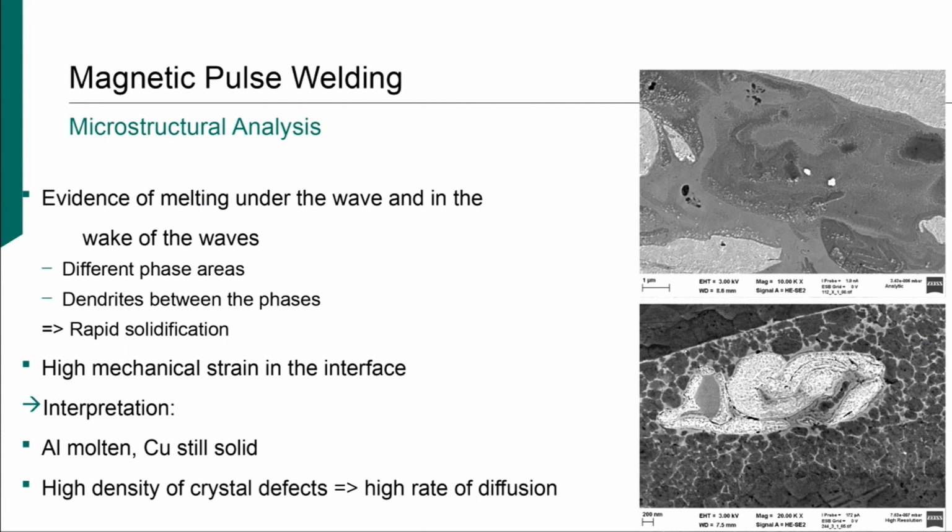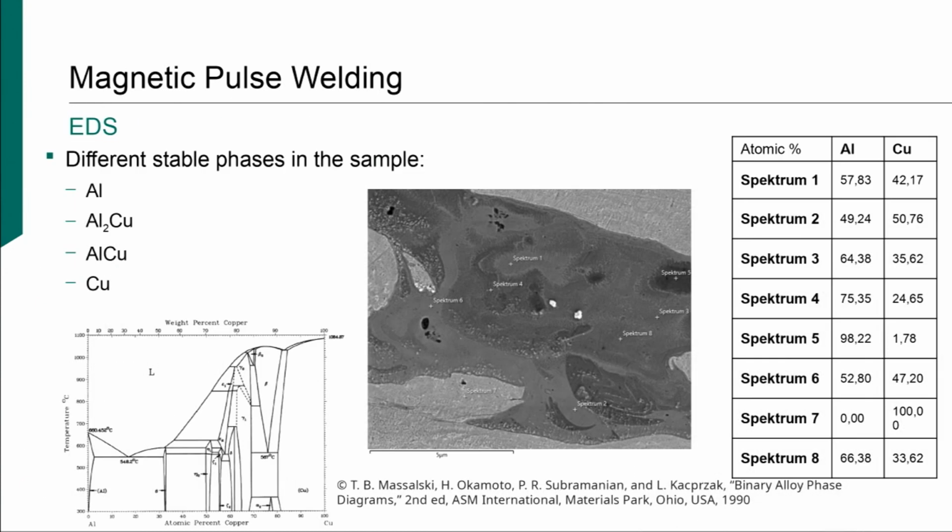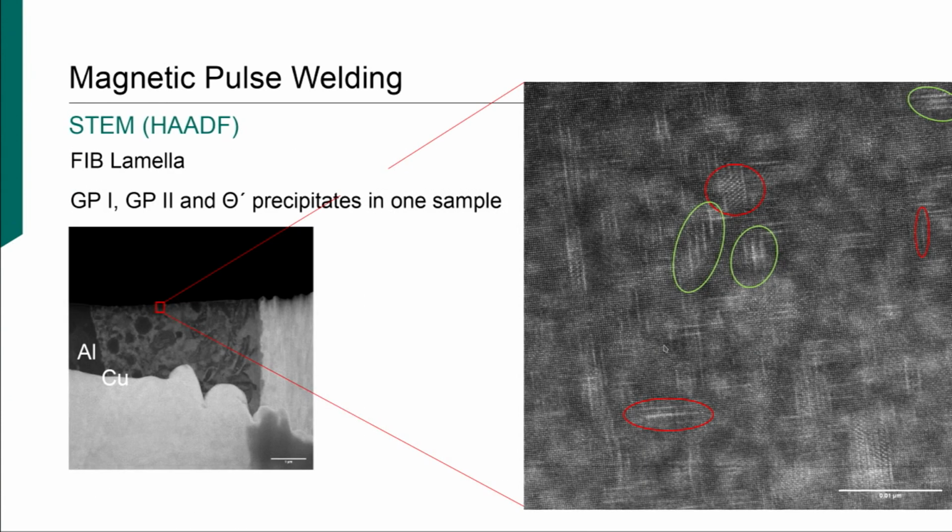And something I found astonishing, you find all types of different intermetallic phases in this region. Here is a phase diagram of aluminum copper, and for different points where we took EDX spectra, you find different compositions, so this indicates that these are some intermetallic phases.